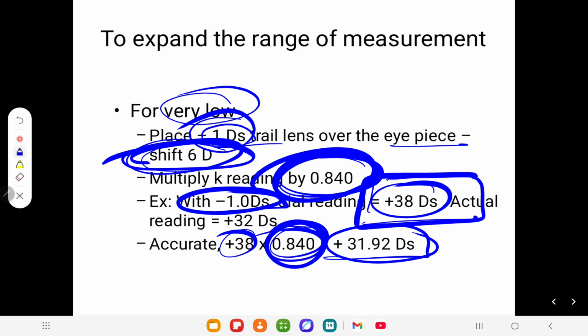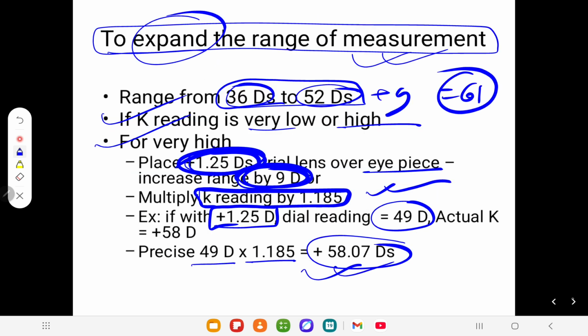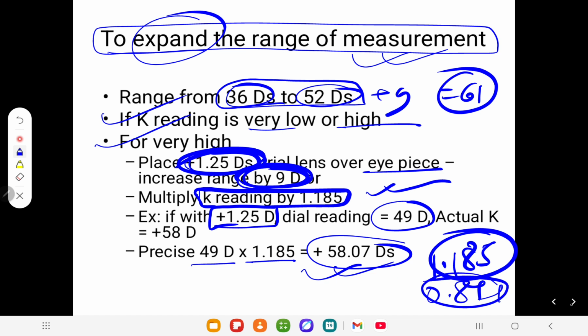Then you multiply 38 into 0.84. In case of plus, I think it's 1.185, isn't it? In case of minus, 0.84, reducing. That's very important, these two things.